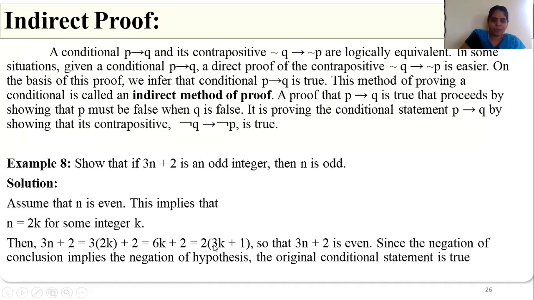If you take 2 common, it becomes 2 times (3k plus 1). Any number multiplied by 2 becomes an even number. Since the negation of the conclusion implies the negation of the hypothesis, the original conditional is true.